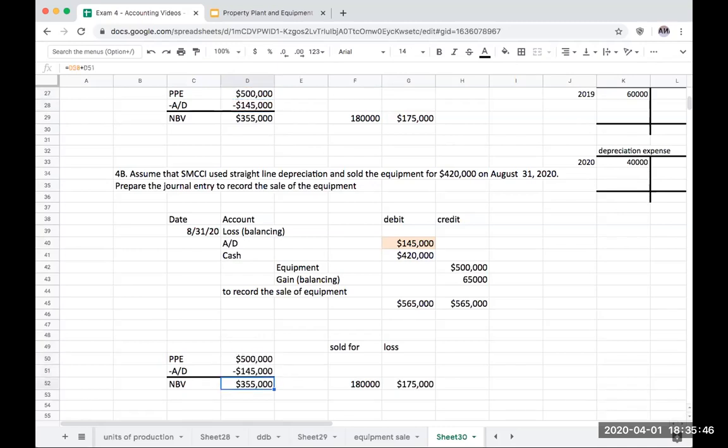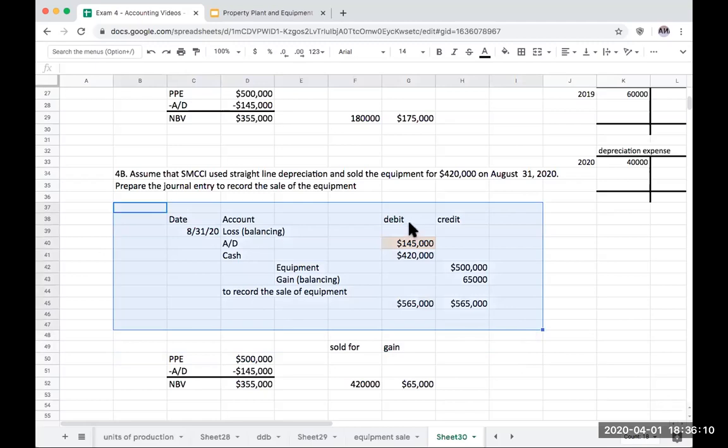My accumulated depreciation is still 145, but now I'm selling it for 420,000. So I'm selling this for more than it was on my books for. So I'm going to have a gain here of 420 minus 355, or 65,000. So again, you don't need to do this part of it if you memorize the journal entry.